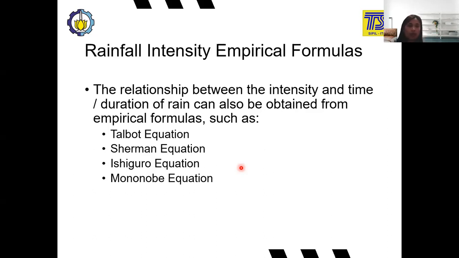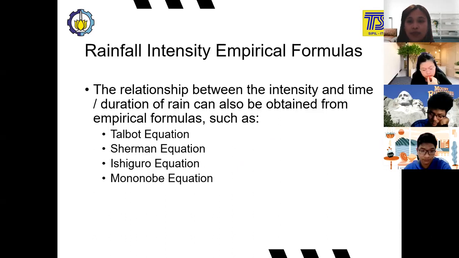The name of the formula is based on the professor's name who found the formula. Here we have Talbot equation, Sherman equation, Ishiguro equation, and Mononobe equation. The last one is the most frequently used, the Mononobe equation.